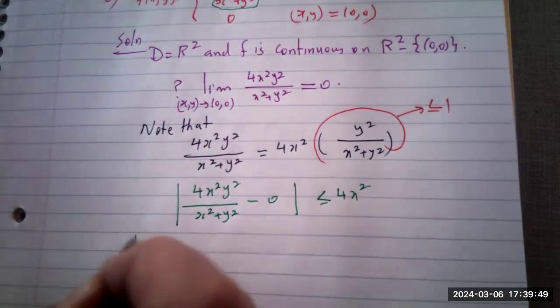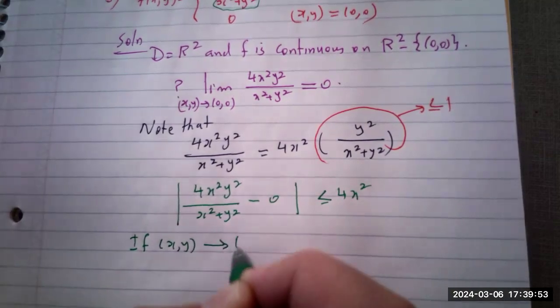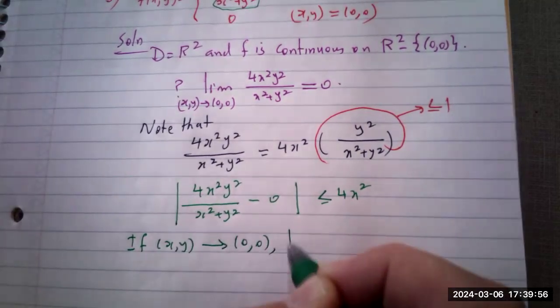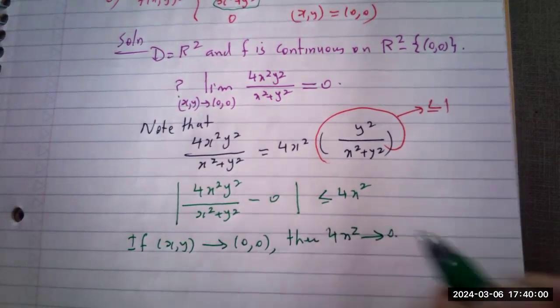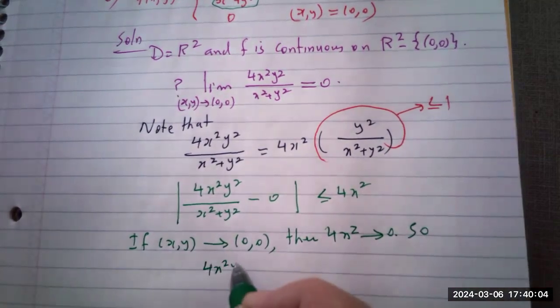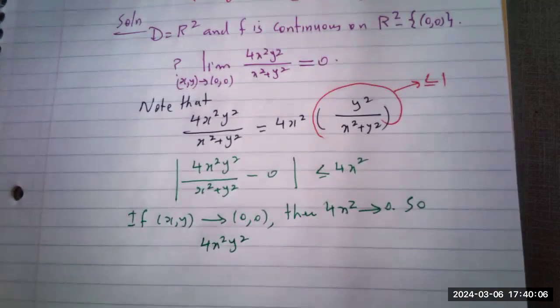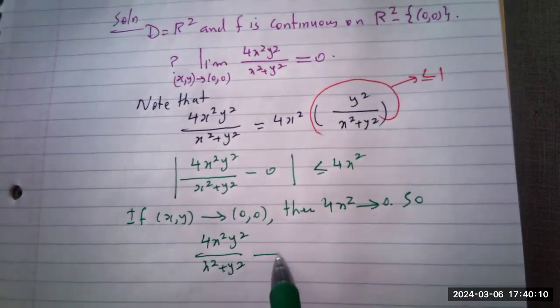So we're done. If (x, y) goes to (0, 0), then 4x squared goes to 0, and so 4x squared y squared over x squared plus y squared goes to 0 too.